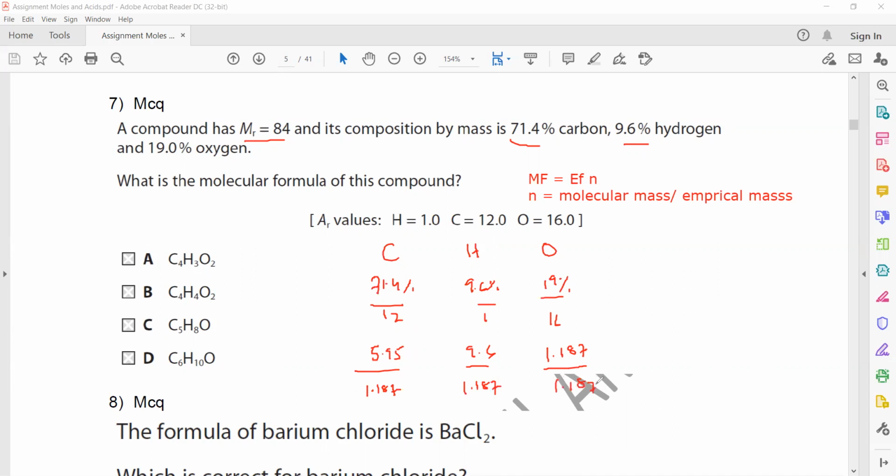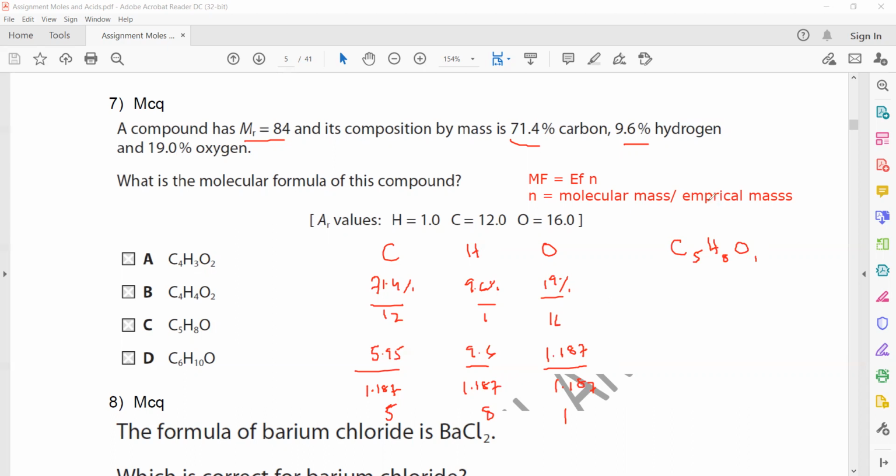So 5.95 divided by 1.187, that's equal to 5. Hydrogen 9.6 divided by 1.187, that's equal to 8, and oxygen is 1. So empirical formula is C5H8O.